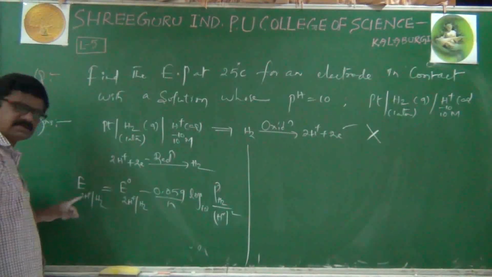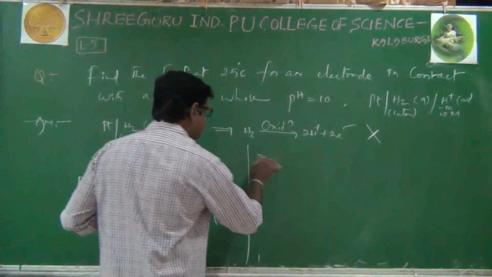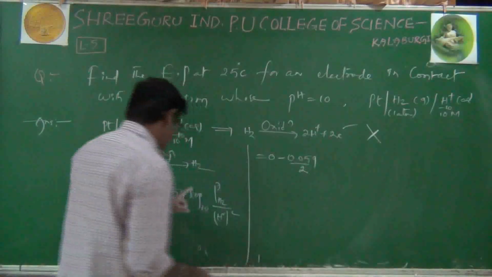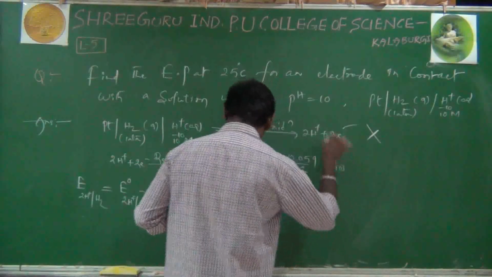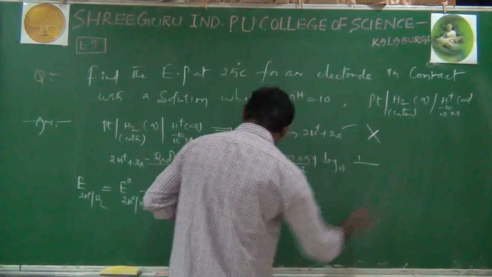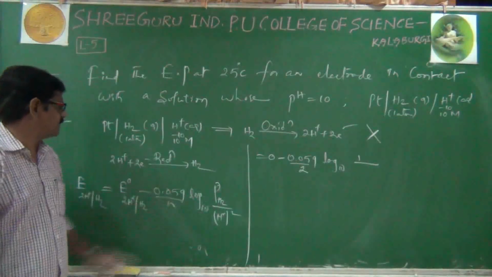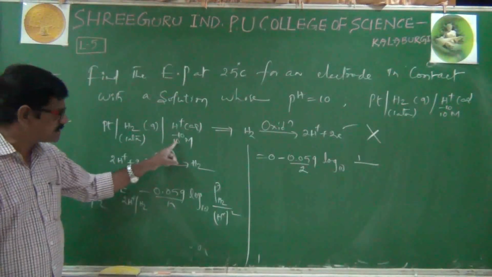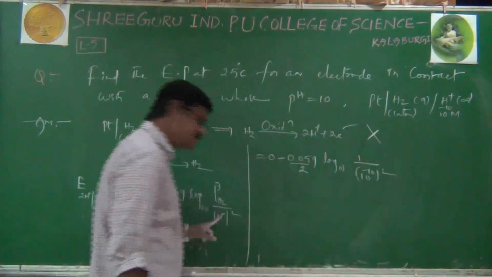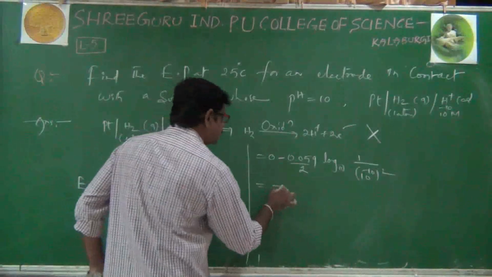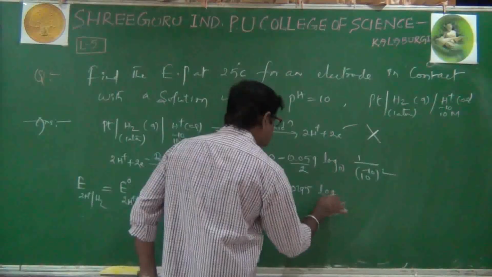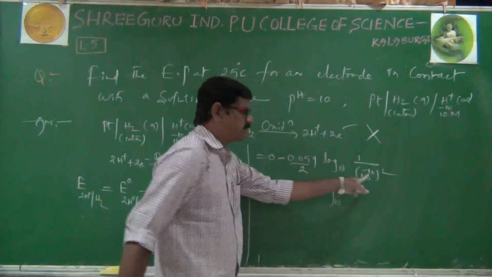Okay, then this value is asked to calculate. This E naught value is 0 anyhow. So 0 minus 0.059 divided by 2 log base 10, and the partial pressure of hydrogen is of course 1, divided by H plus square. H plus concentration is 10 to the power of minus 10, whole square, because it is H plus square. Minus 0.0295 times log base 10 of 1 by 10 to the power of minus 20.